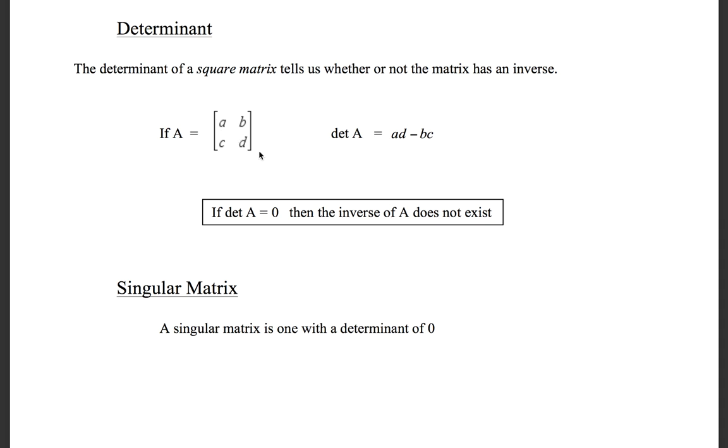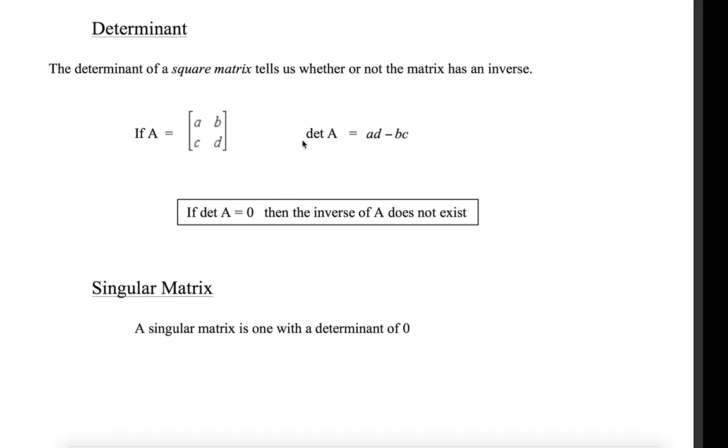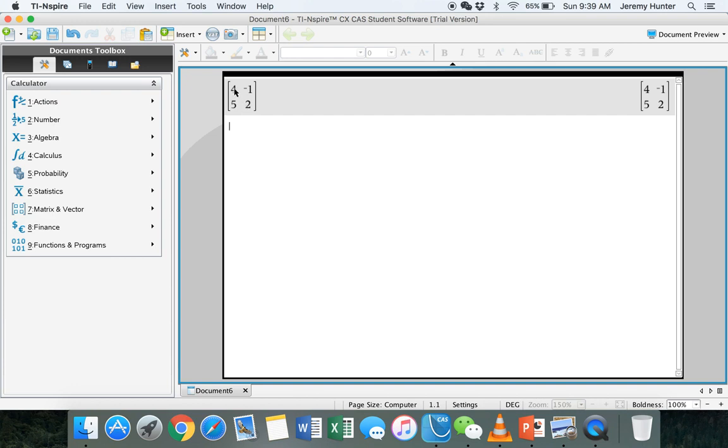It's the left to right diagonal product minus the right to left diagonal product. In this case it would be 4 times 2 minus negative 1 times 5. So 4 times 2 is 8, negative 1 times 5 is negative 5, and 8 take away negative 5 is 13.